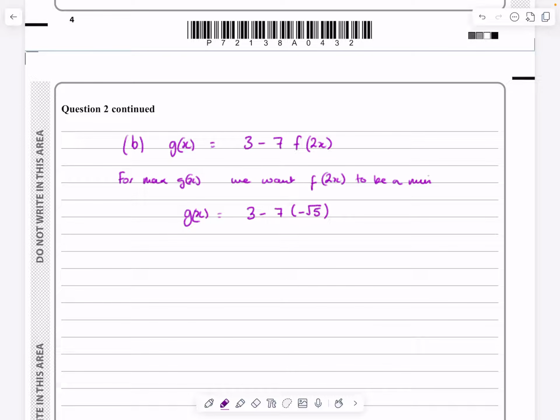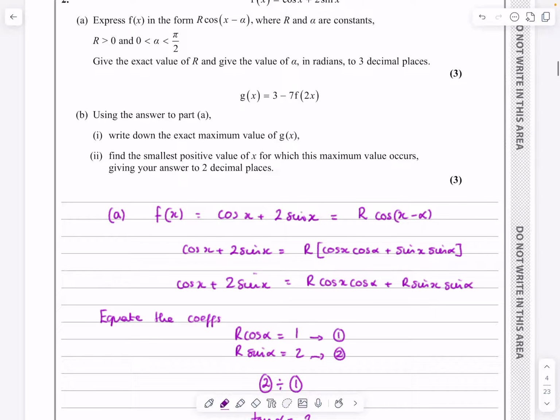It doesn't matter whether it's f(x) or f(2x), it's still going to get the smallest value being minus root 5. The 2x part will come in when we're saying where it occurs. So in this case, tidying that all up, that's just 3 plus 7 root 5 for the maximum value. I think it does say, yeah, it wants the exact maximum value.